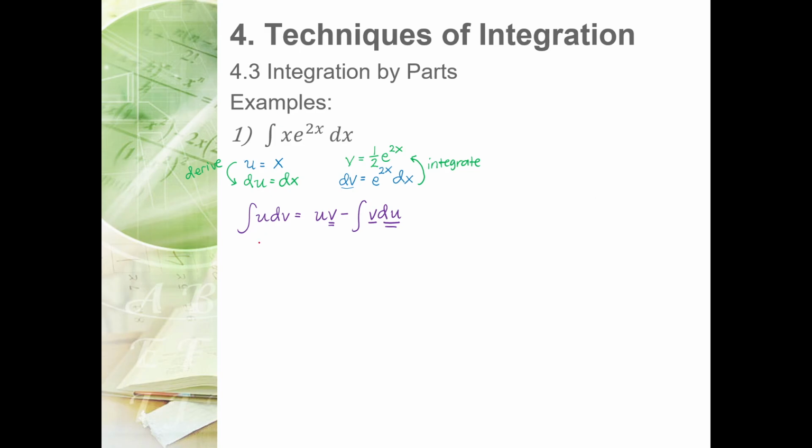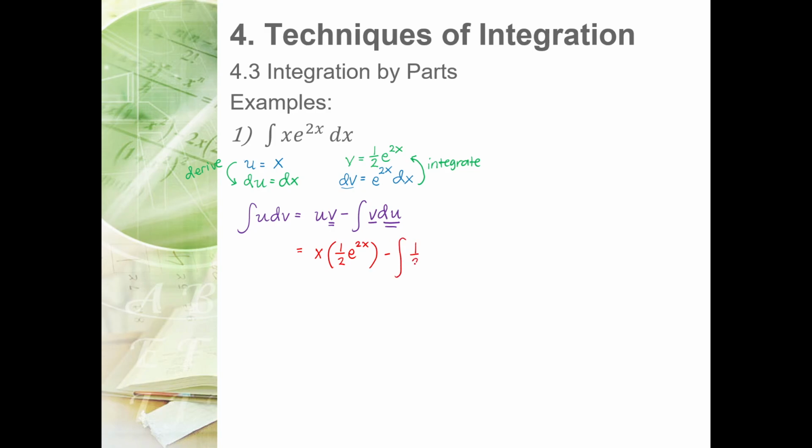Okay, so let's go back to the red ink. So equals uv first, x times 1/2 e raised to the power of 2x. That's your uv, minus the integral of v du.